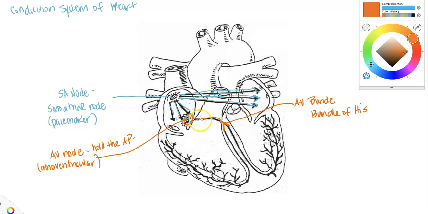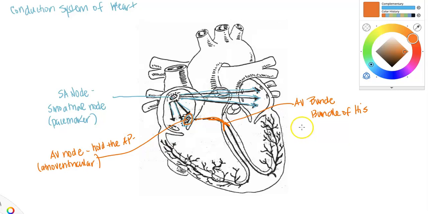So the AV bundle basically stretches from here to here. It's hard to draw this because it looks like this ventricle is separate from this septum, and it's not. It's just showing where the pulmonary trunk comes out, but it's sort of a skewed view here. But all of this is the bundle here.